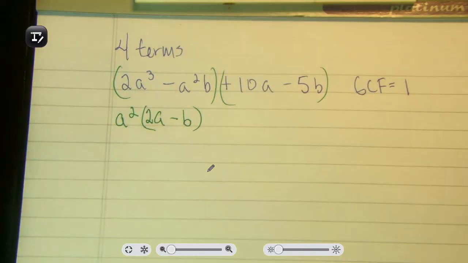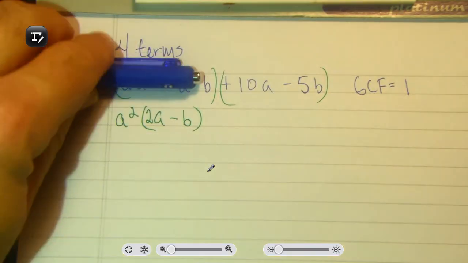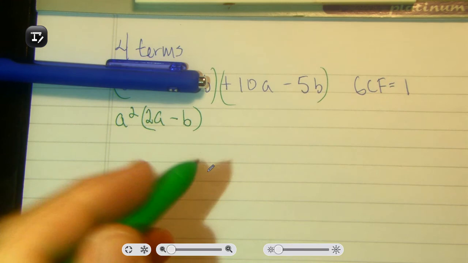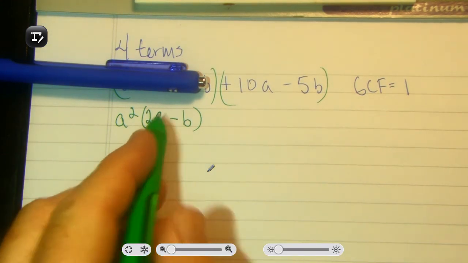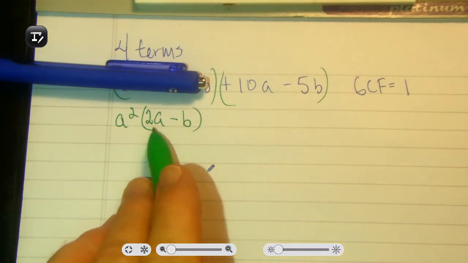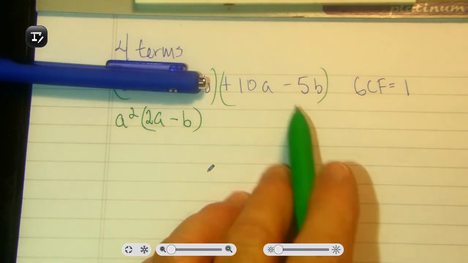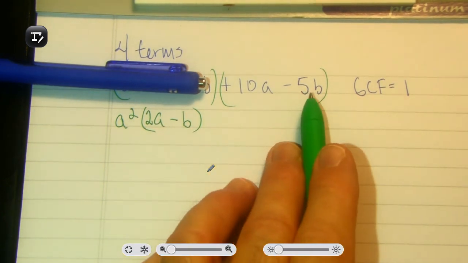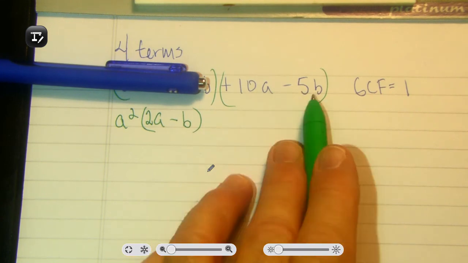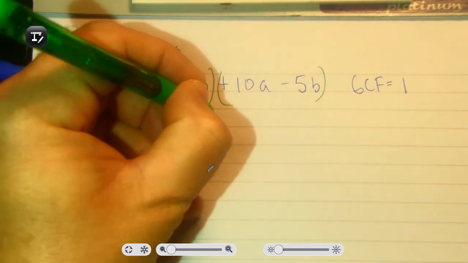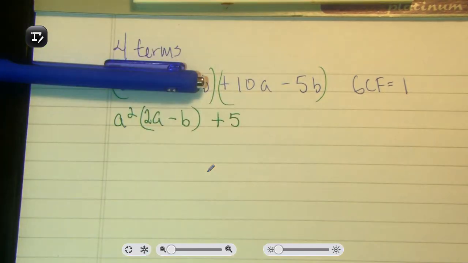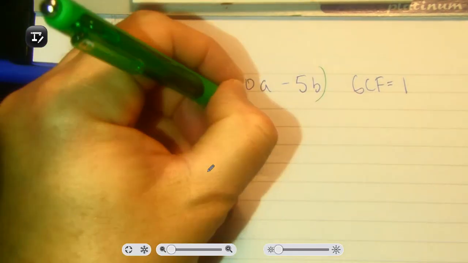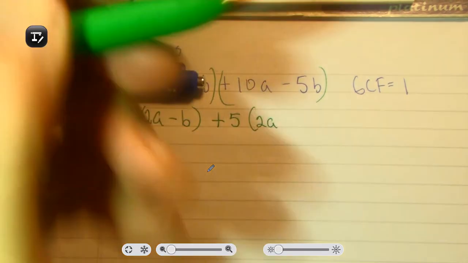Now remember, I mentioned to you back when we did this that if this is going to factor by grouping, there's a good hint right there that this next binomial should look a little bit like 2a minus b. And I can see that I can factor out a 5 from 5 and 10, but there's no variable to factor out. So let me factor out that 5. So 10a divided by 5 is 2a.